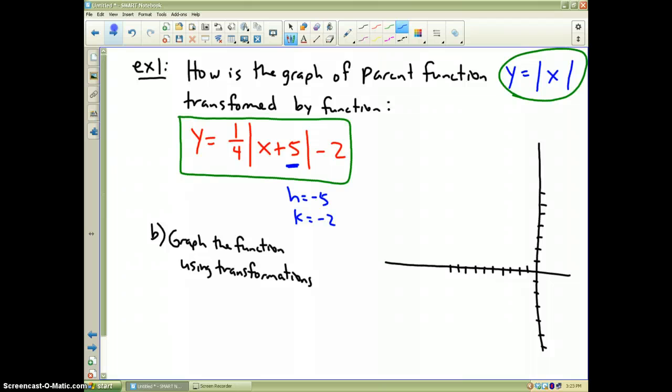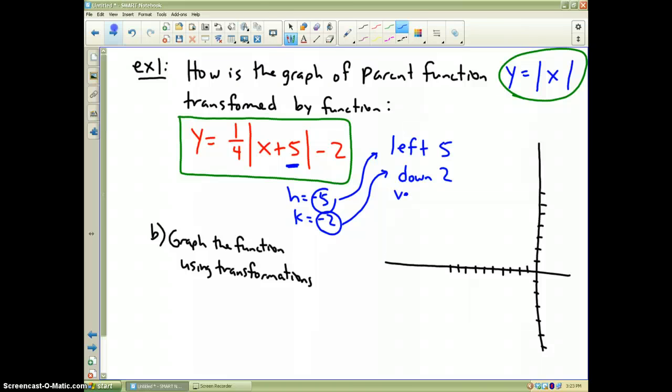So therefore, since the h value is negative, it will move the graph to the left 5 spots, and the k value is negative, so k will move the graph down 2 spots.